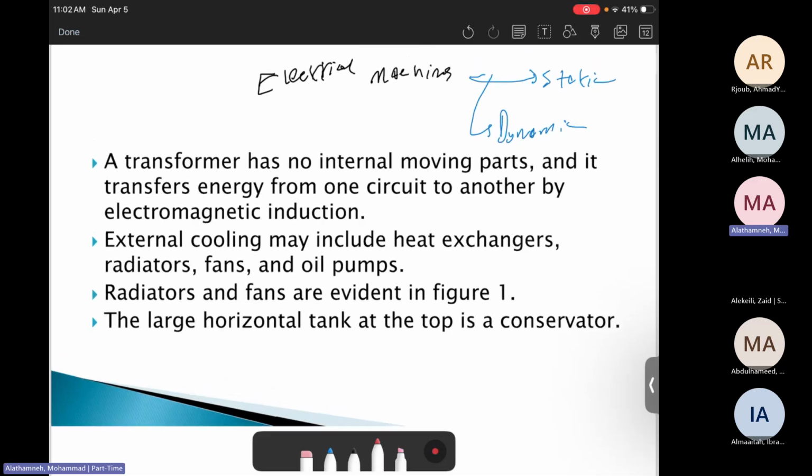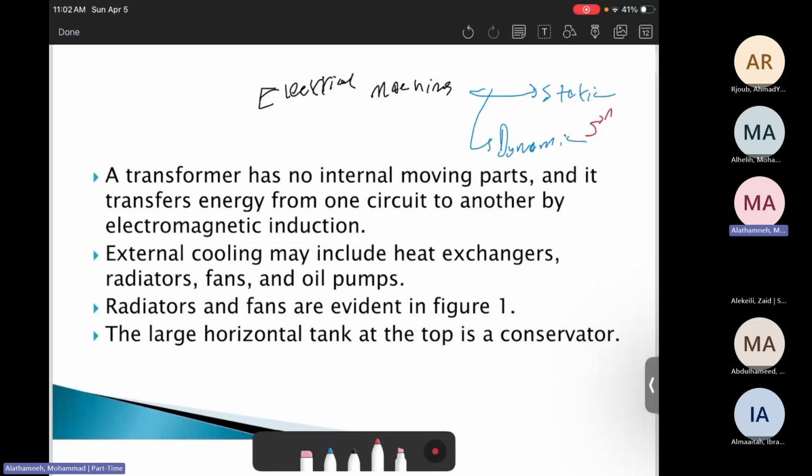The dynamic ones are the things we know in motors and generators, while the static ones are transformers.